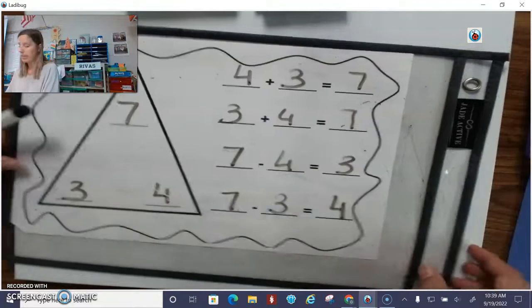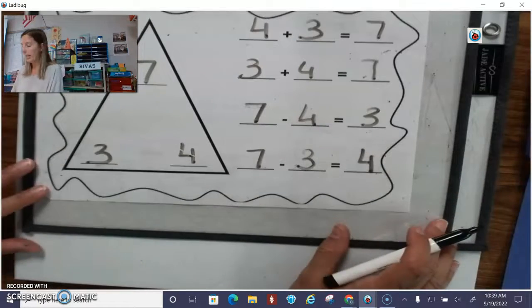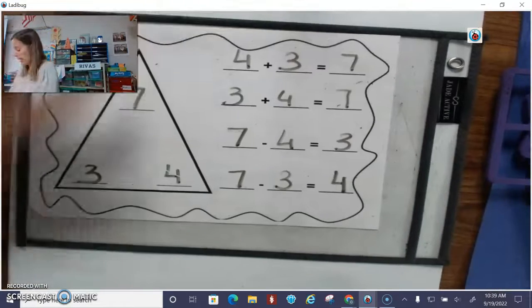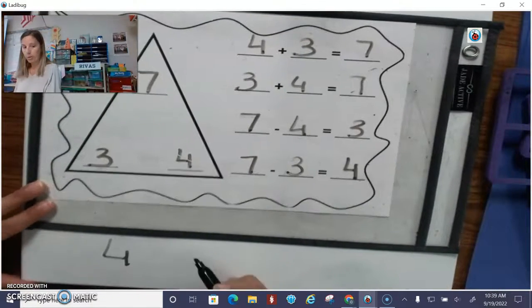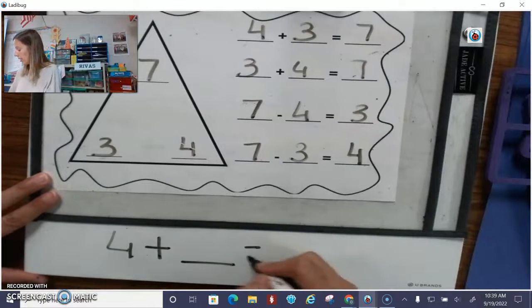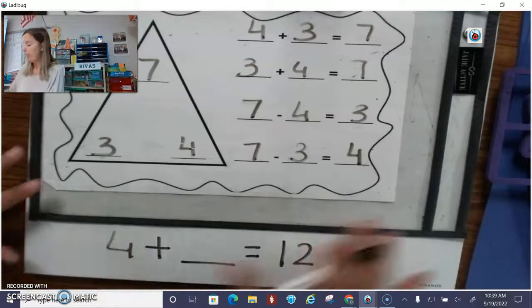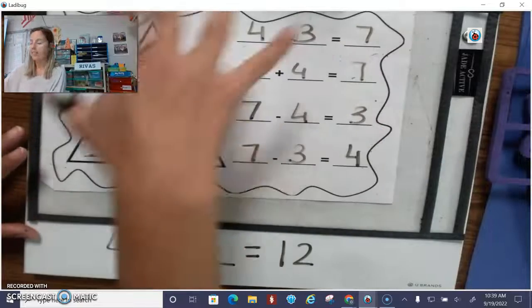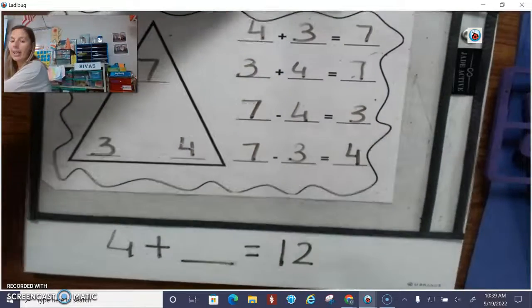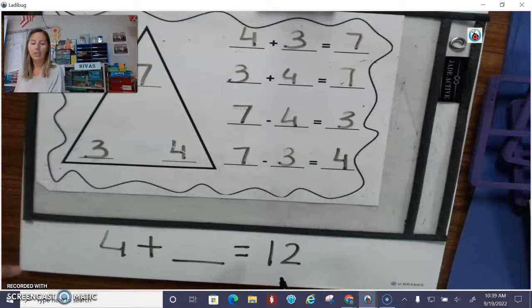Because eventually I'm going to give students problems that are a little bit more complicated, like 4 plus something equals 12. To solve this problem, if they are really good at fact families, they are going to realize they can just subtract 4 from 12.